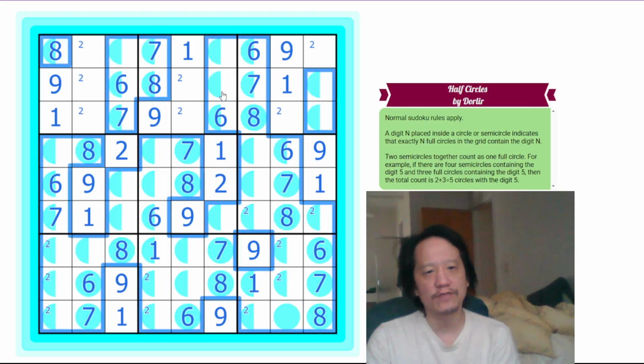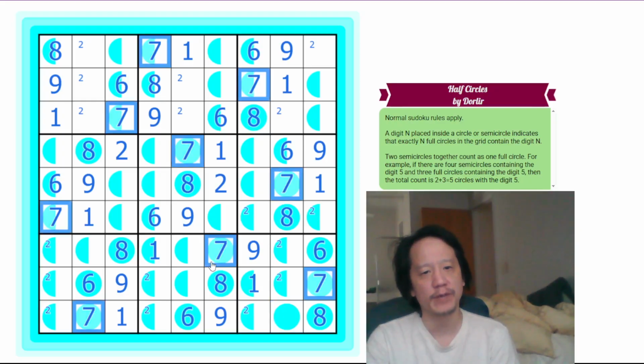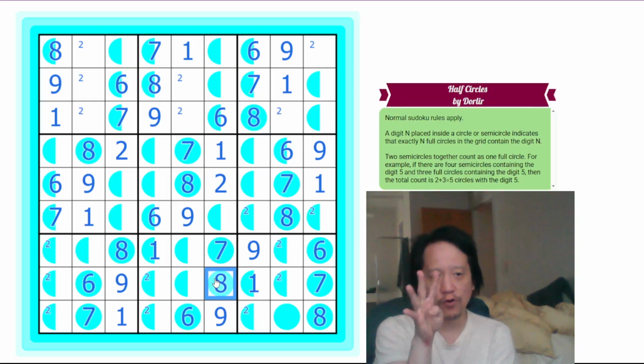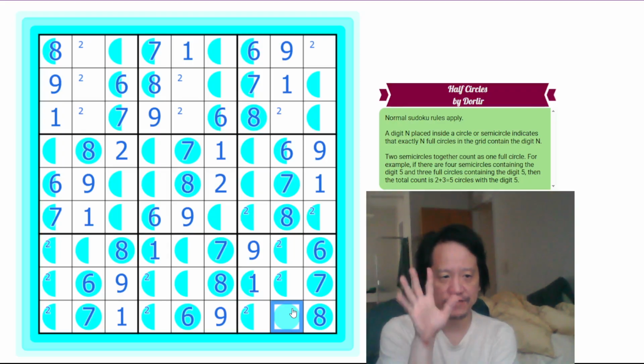Okay. So for 5, we only have one full cell circle left. If it's a half circle in all the remaining boxes, that's 8 times half, which is 4. So that accounts for 4 5s, which the one full 5 would make full circle and make it a 5.